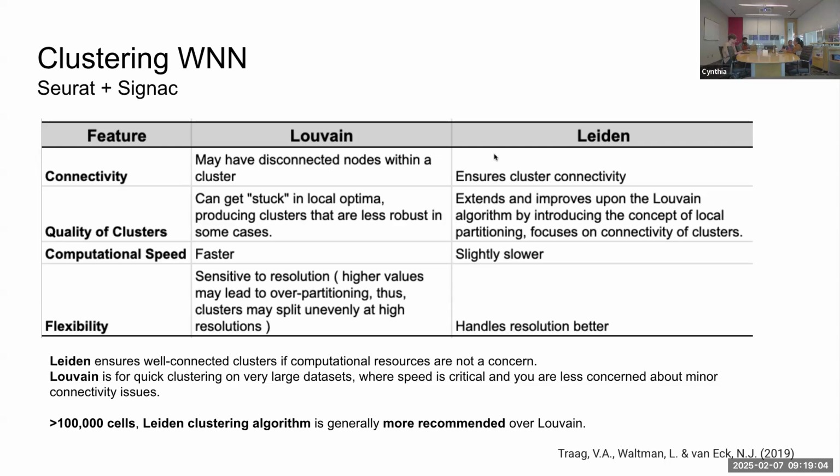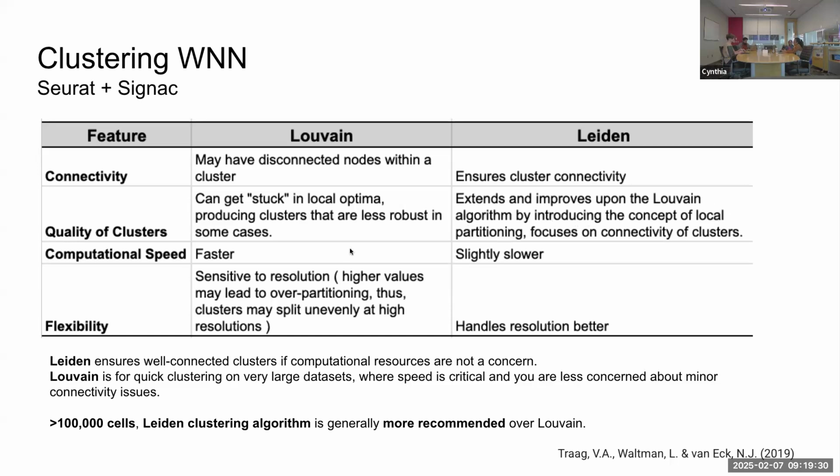So Leiden is trying to ensure this connectivity, like adding iterative steps. It's a way to say that with Louvain, sometimes if the data do not have a remarkable difference, it can get stuck.